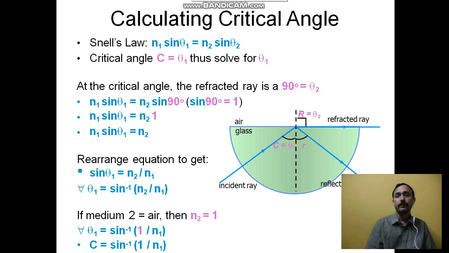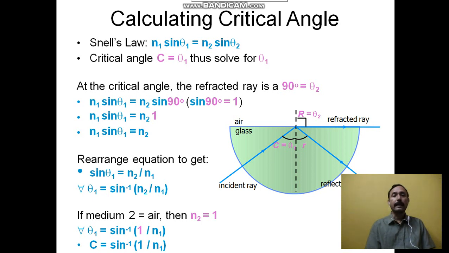For critical angle C equal to theta 1, we solve for theta 1. Now for the critical angle, theta 2 becomes 90 degrees, and sine 90 degrees is 1. So we can write N1 sine theta 1 is equal to N2 sine 90 degrees, which is N2.